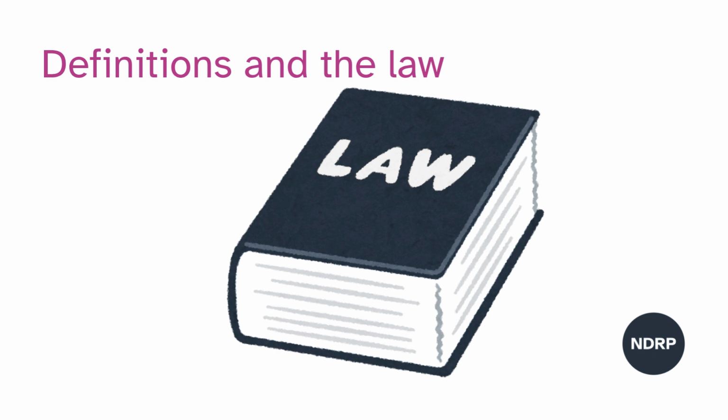Definitions in the law. Definitions do not just vary across datasets, they also vary across laws, frameworks and systems. For example, the Disability Discrimination Act, or DDA, has a broad legal definition focused on protection from discrimination. The United Nations Convention on the Rights of Persons with Disabilities, or CRPD, takes a rights-based approach.